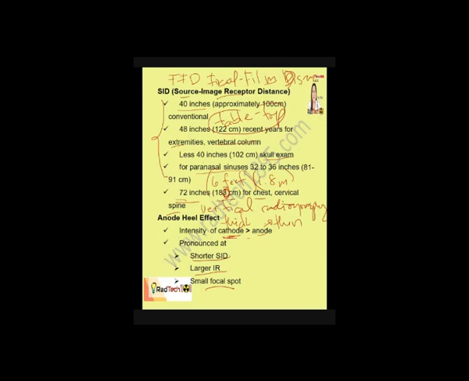So para maiwasan ang anode heel effect, we need to use longer SID. Kung ano rin yung recommended, kung 40, 48, 32, 36, 72. So use the recommended SID, smaller image receptor or field size. So kailangan nating mag-collimate, and smaller focal spot size.